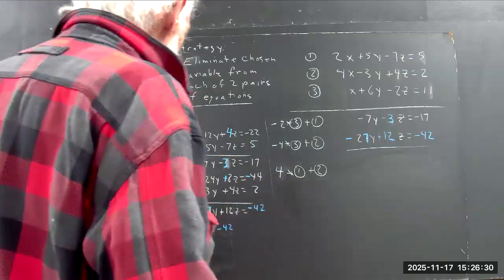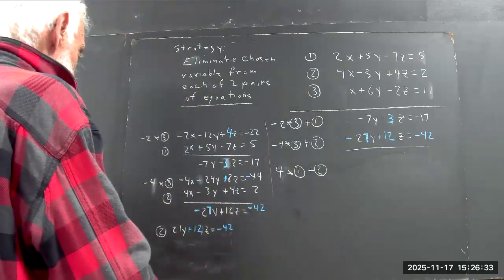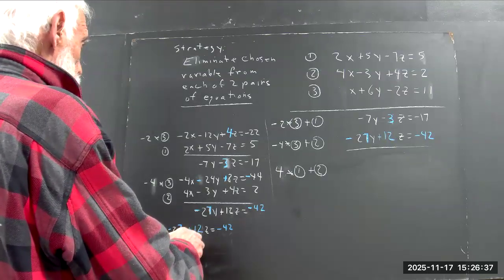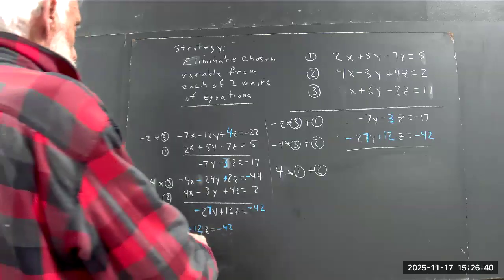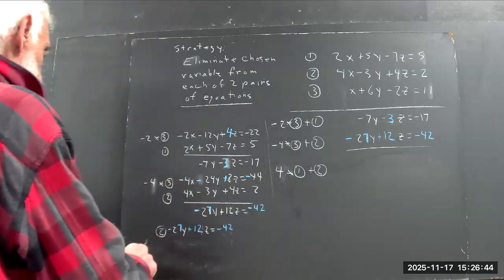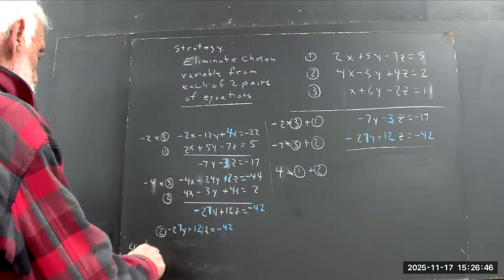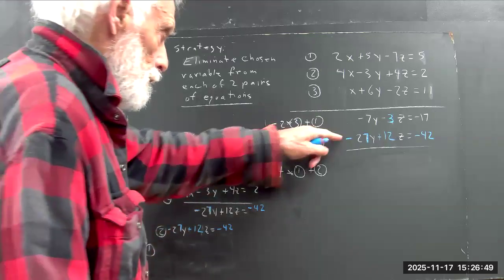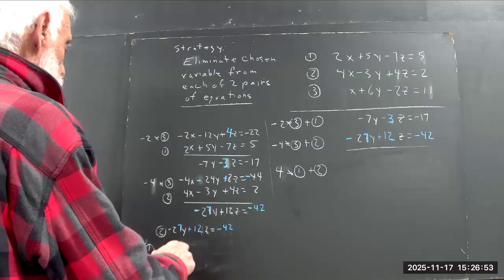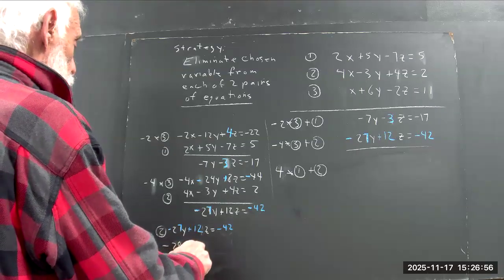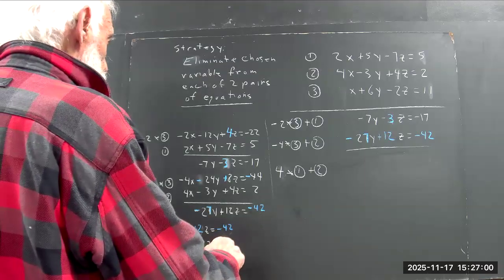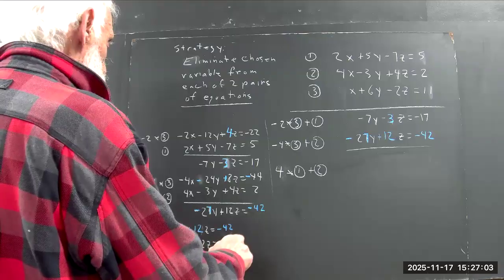So the second equation is -27y plus 12z equals -42. And 4 times the first equation of this pair is -28y minus 12z equals -68.